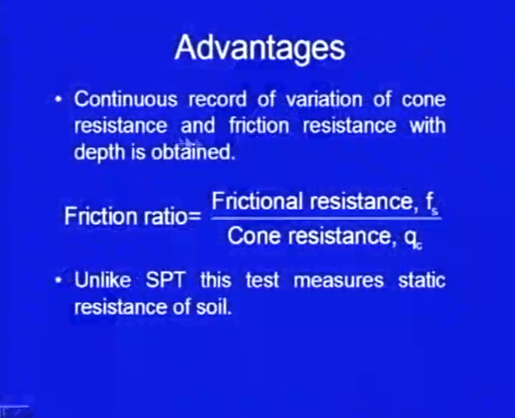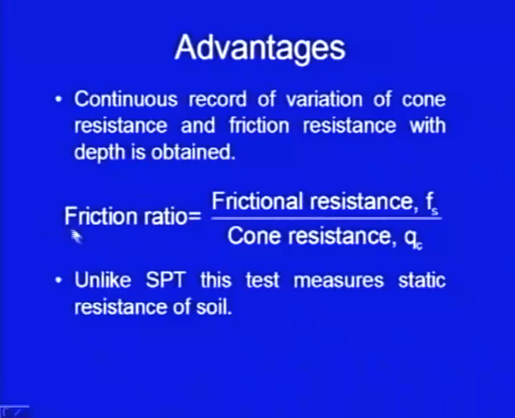Here, you get both components. You get the variation of the cone resistance, that is, the resistance being offered at the tip of the cone, and also the resistance being offered by soil in friction at the sides.